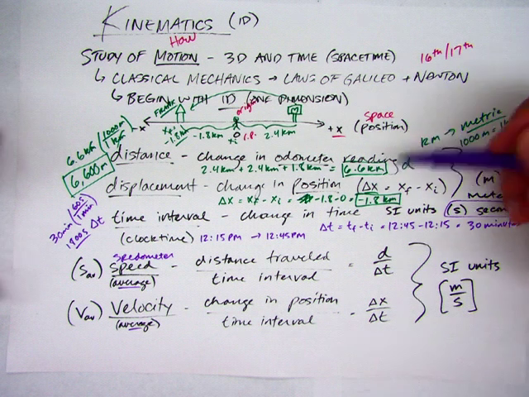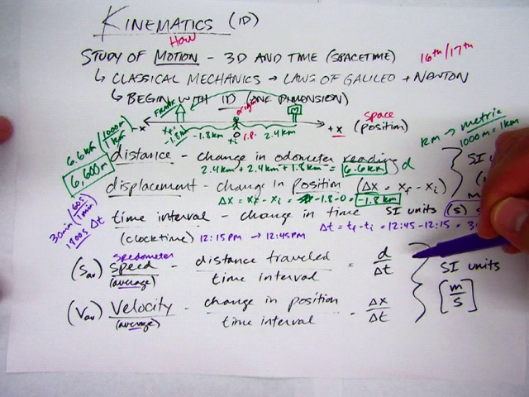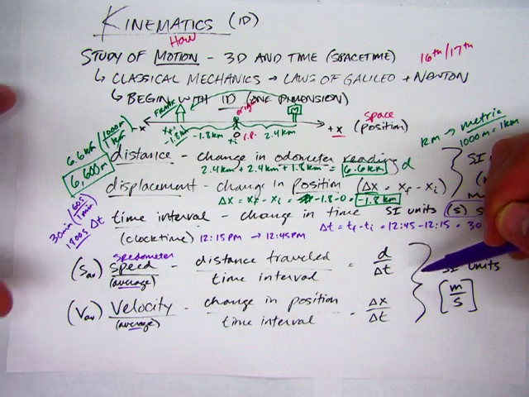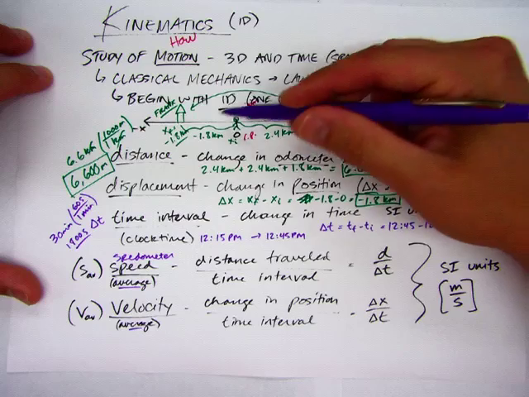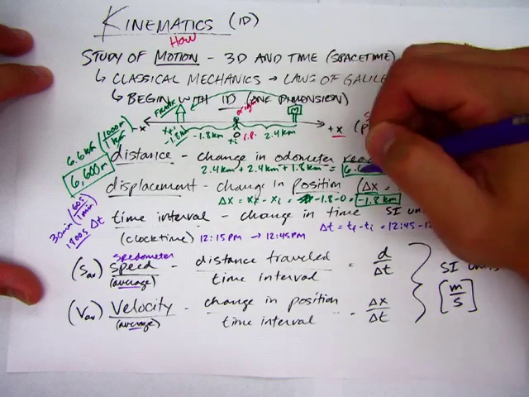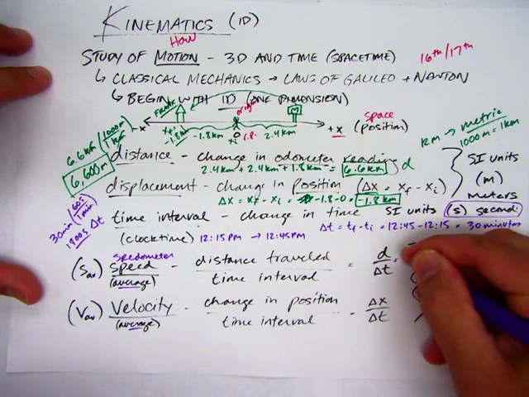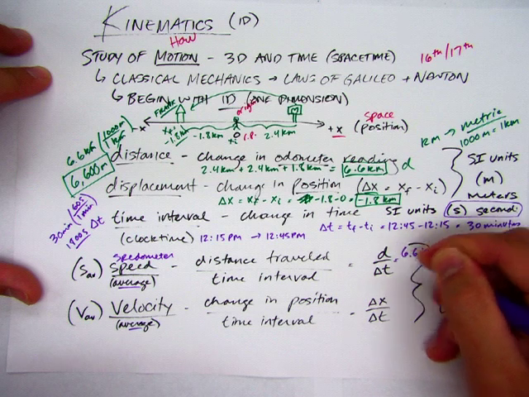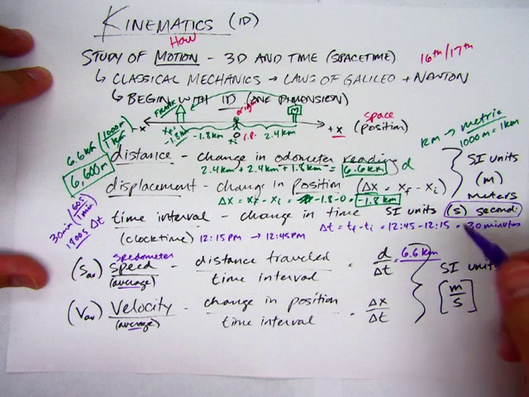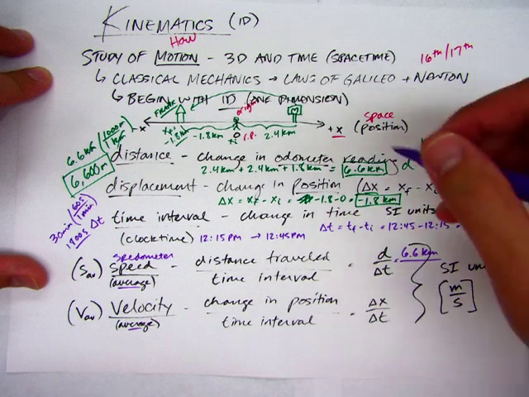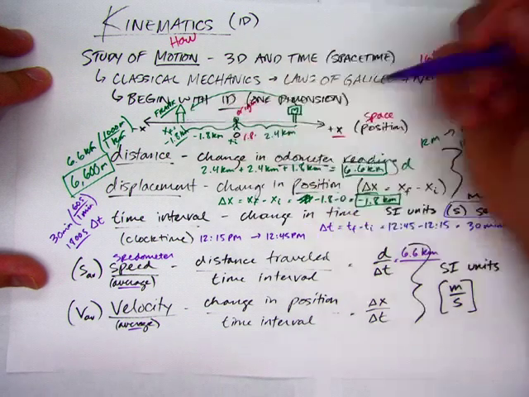So let's just take our example here and let's look at the average speed versus the average velocity. My distance traveled when I went to McDonald's and then back to Frankie's house was 6.6 kilometers, and we can do kilometers per hour to keep it simple. And it took me, well, I guess we didn't say how long it took for me to get to Frankie's house.